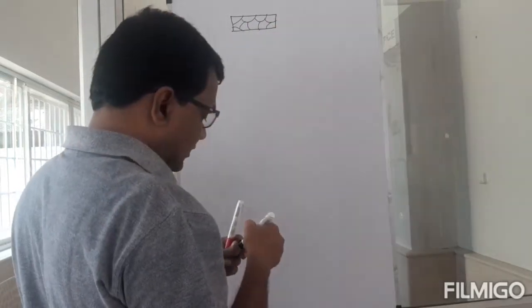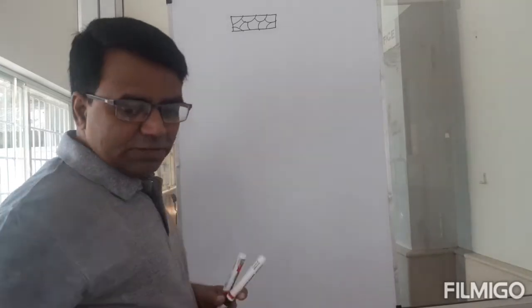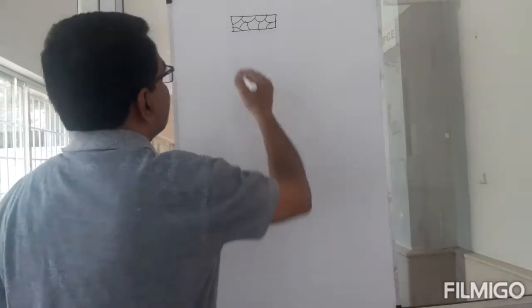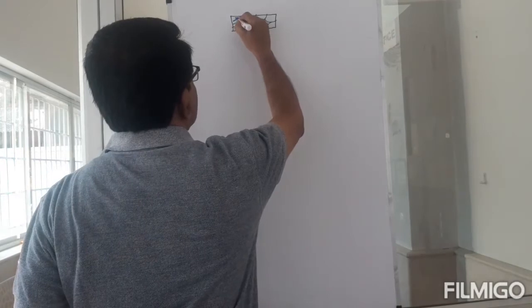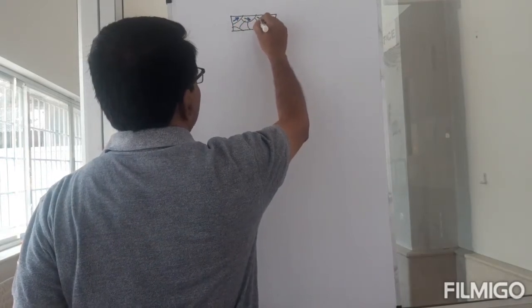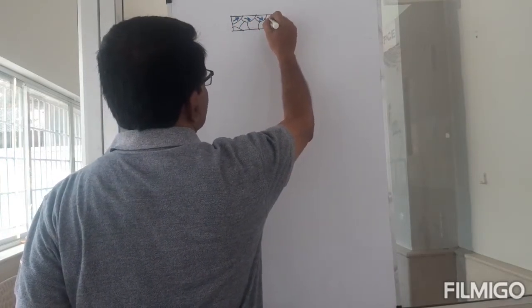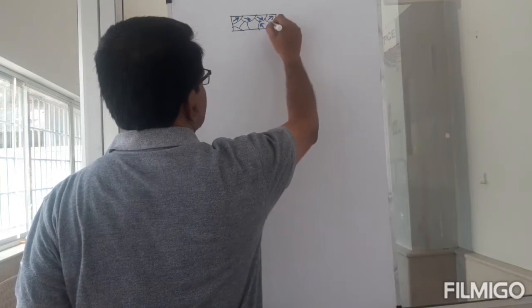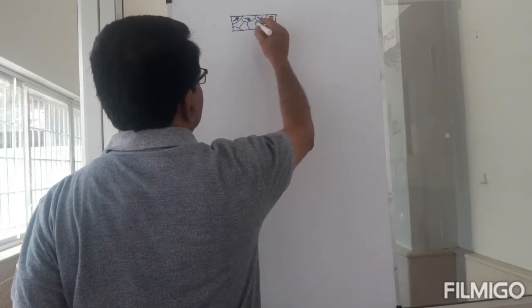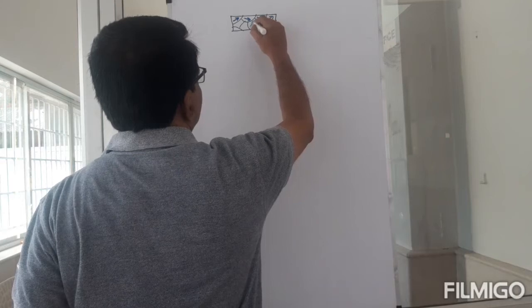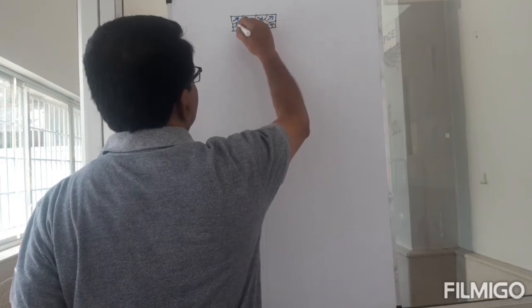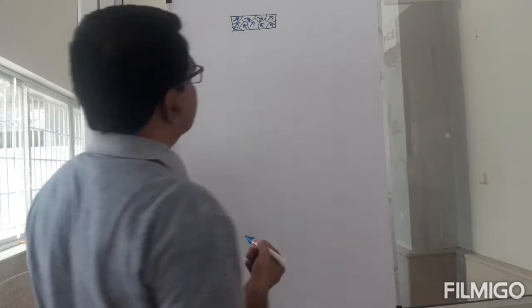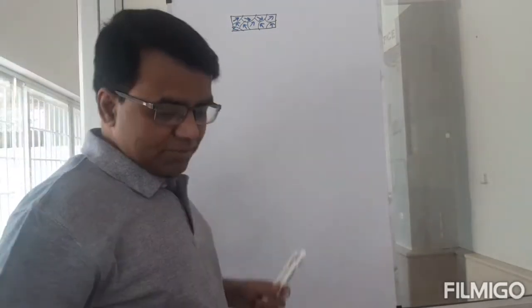Initially, the magnetic dipole moments of these domains are randomly aligned. The domains have their own dipole moments, but they are randomly aligned, something like this. So this is the magnetic material.